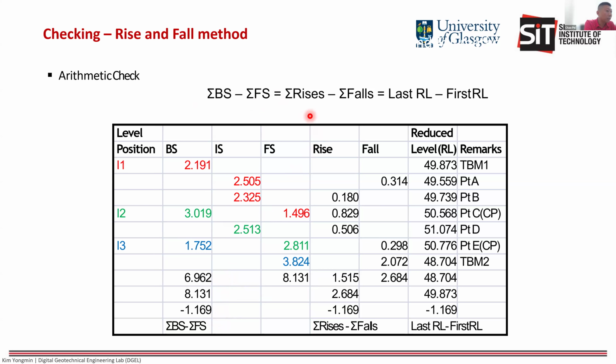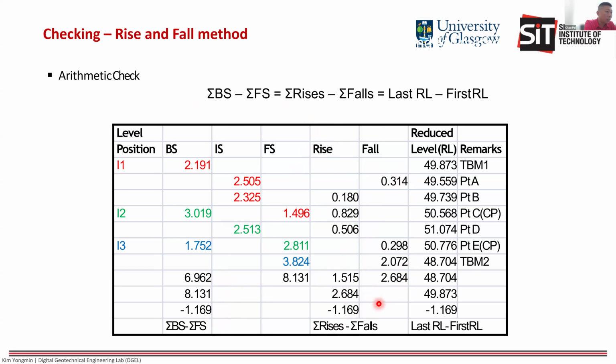The next step, you check the rises and falls. Rises, you add up together, you get this 1.515. Falls, you add up together, you get 2.684. Then you use 1.515 minus 2.684, you get minus 1.169.